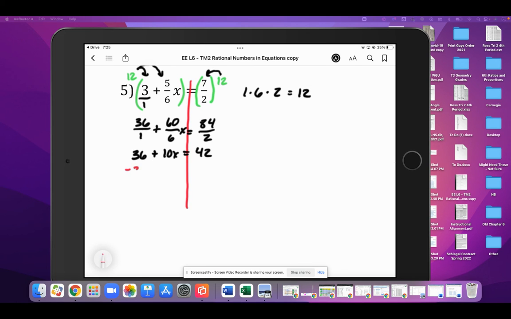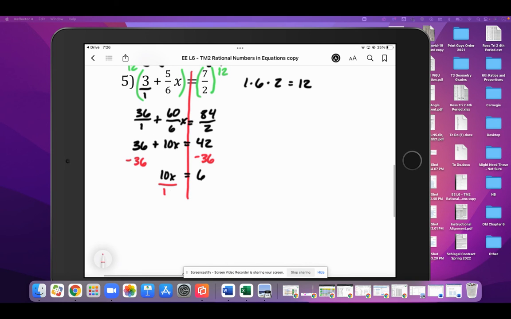So we subtract 36 from both sides, and we've got 10x equals 6. And then I do need to divide by 10 on both sides. And I will get x equals 6 over 10, or, if I were to simplify that, 3 over 5.